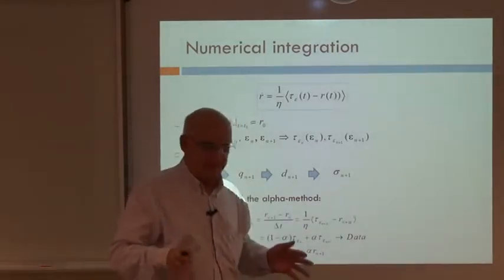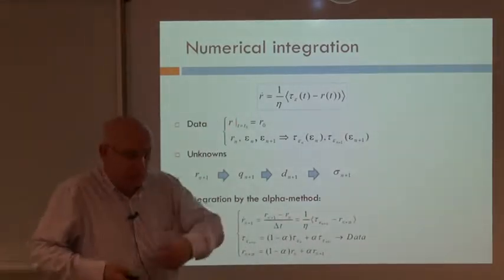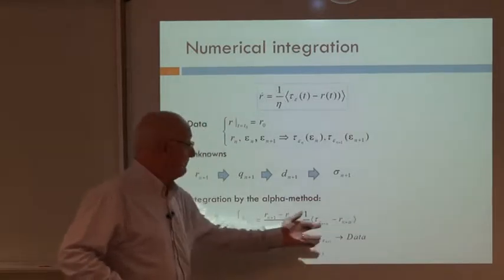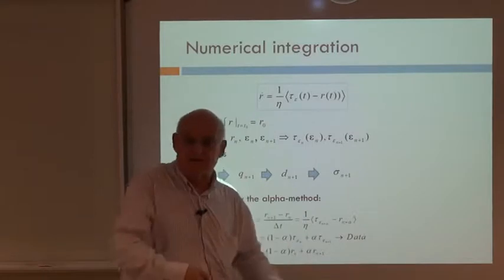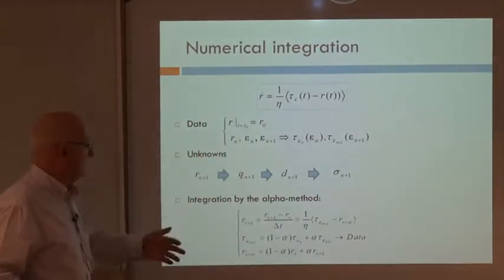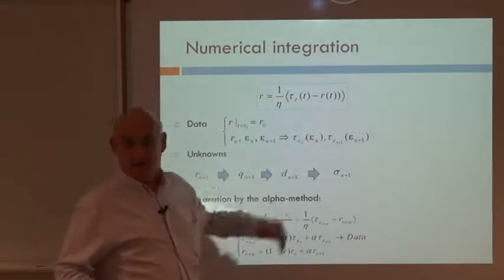It doesn't pay off. Of course, we commit an error as we linearize, but this doesn't increase the error. So we just interpolate both tau epsilon and R in terms of alpha.